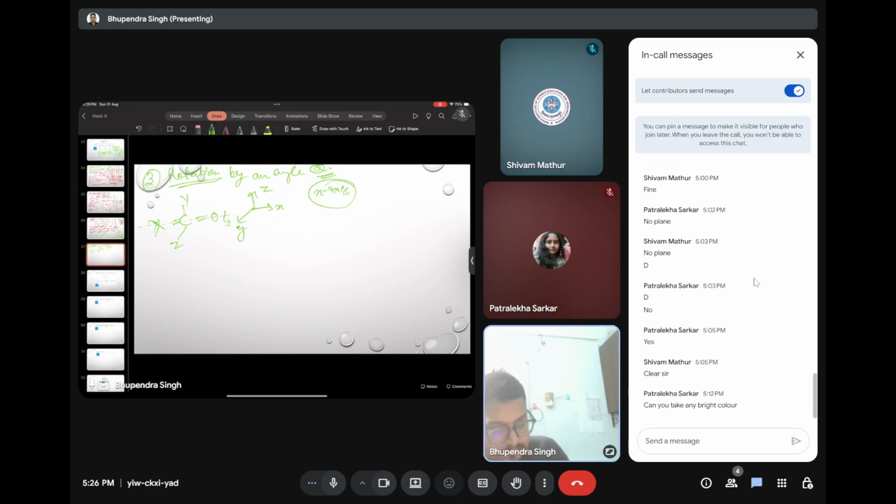C2x. Okay, so what will happen? Let's say C2 is there, so this is C2x. What will happen? This will change this molecule. Y is there, Z will be here. Am I right?